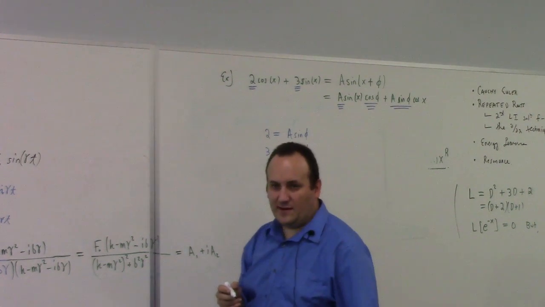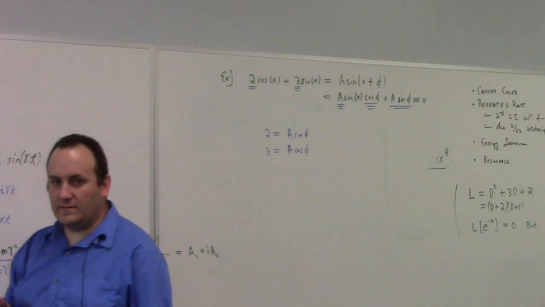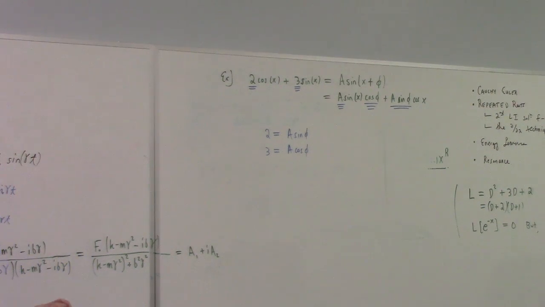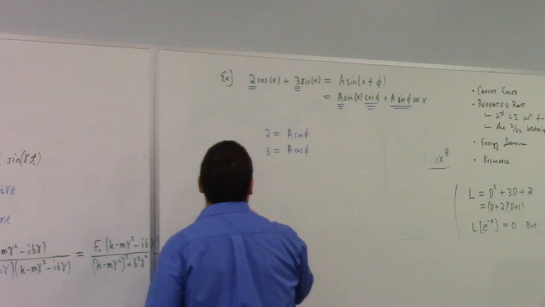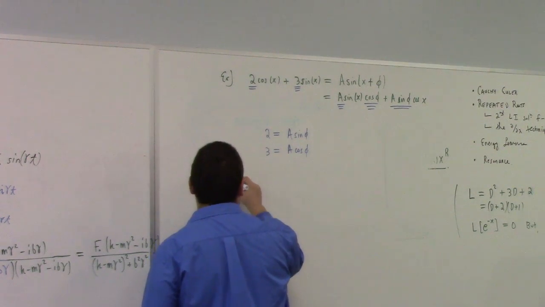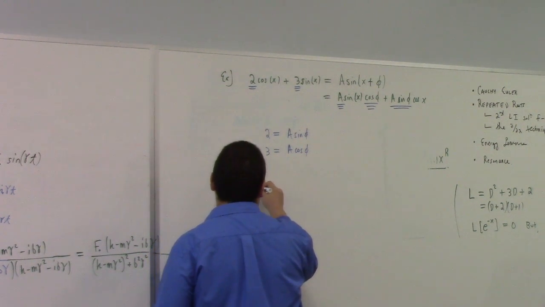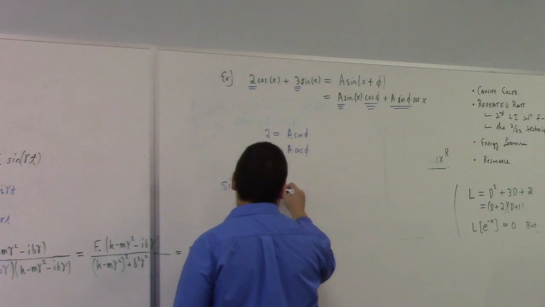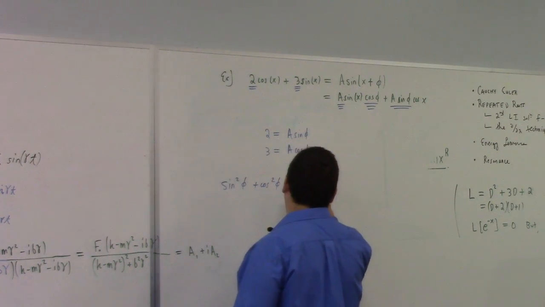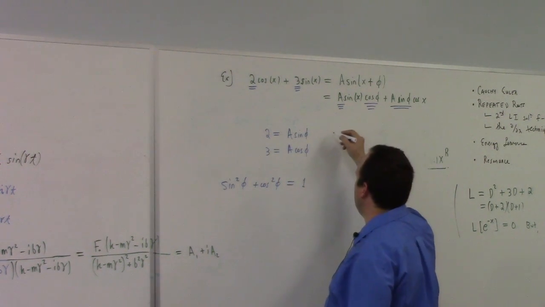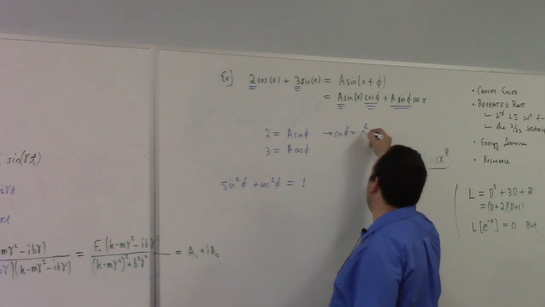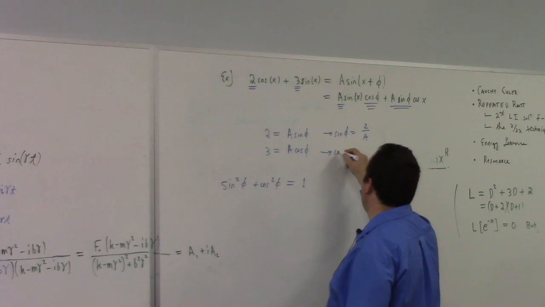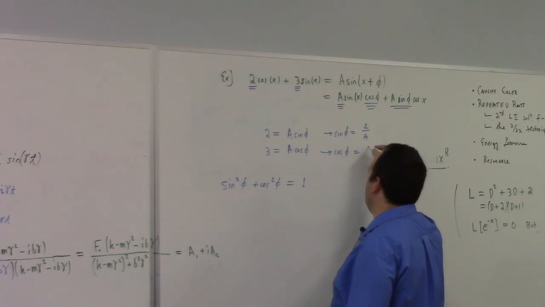Now, I personally don't really care about the phase angle at the moment. I'm just interested in the amplitude. How do you find the amplitude? I mean, how do you eliminate sine and cosine? May I introduce you to an old friend? So this says the sine of phi is 2 over a. This says the cosine of phi is 3 over a.